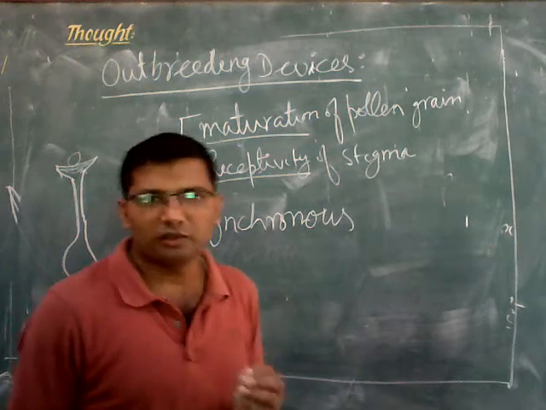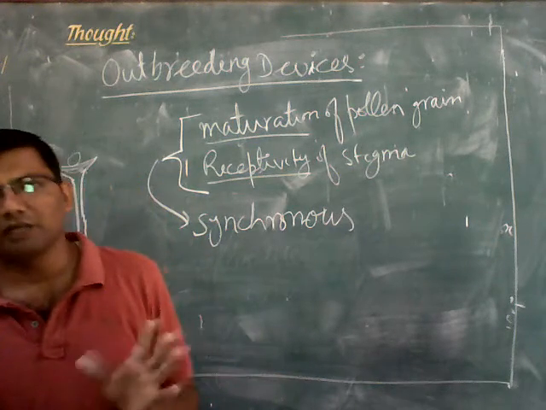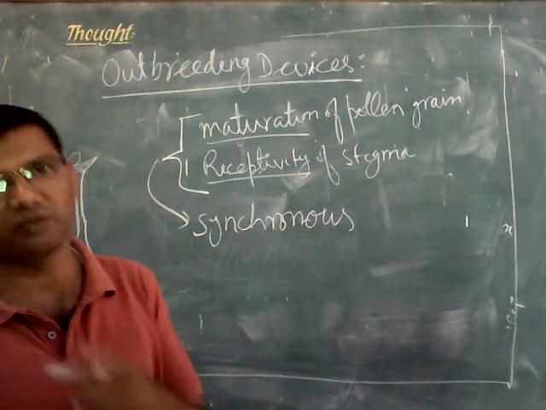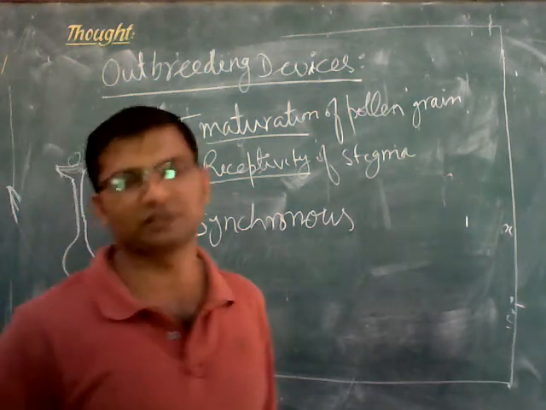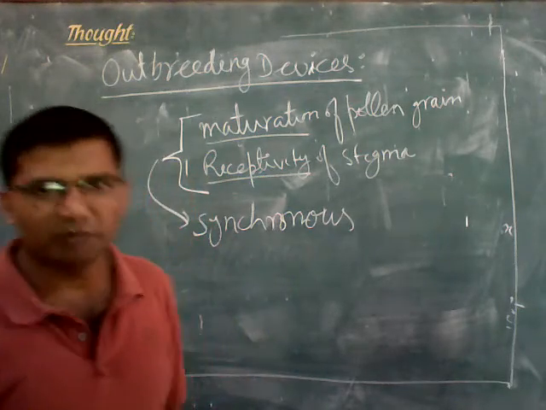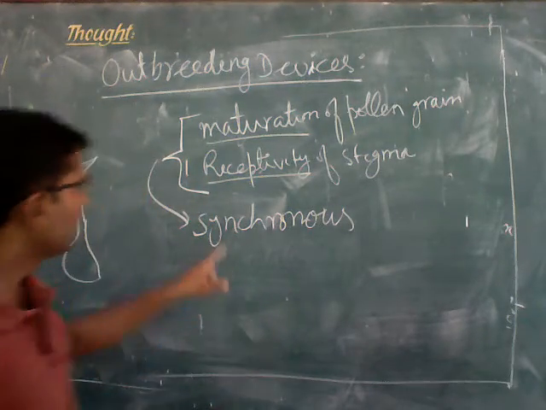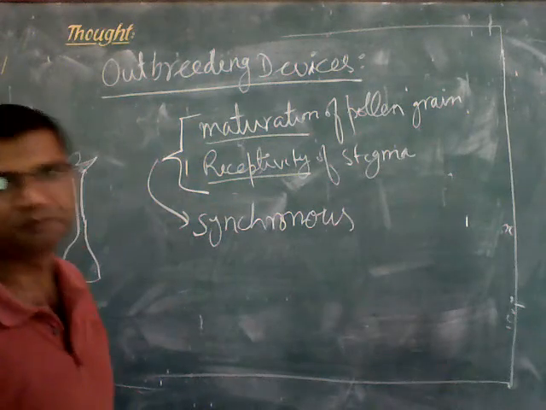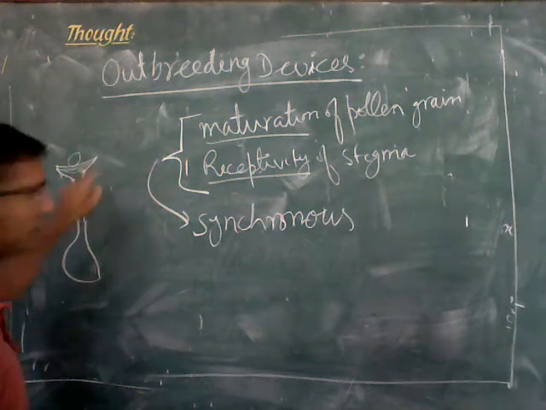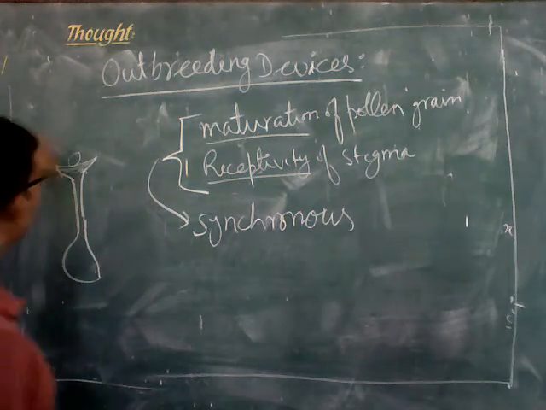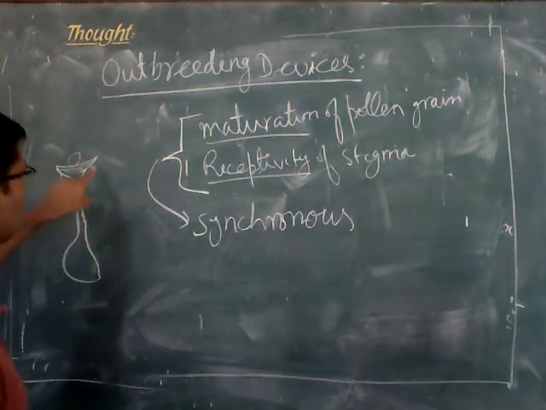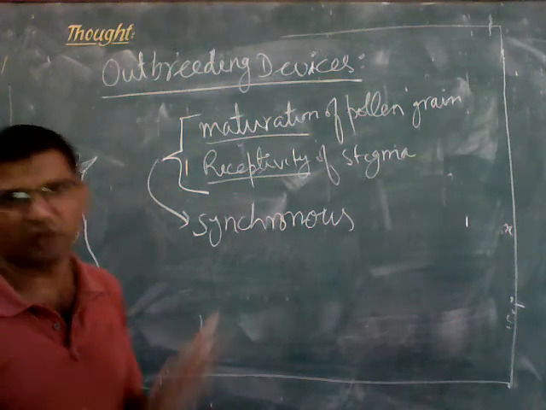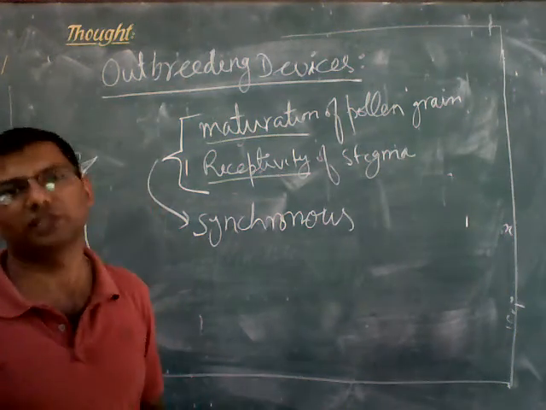The development of the male gamete and the female gamete has to be synchronous, only then self-pollination will take place in bisexual flowers. If in a bisexual flower there is asynchronous development of the androecium and gynoecium, it will not help in pollination, because if the pollen grain is mature but the stigma is not mature, not receptive, what will happen? It will not result in successful pollination.